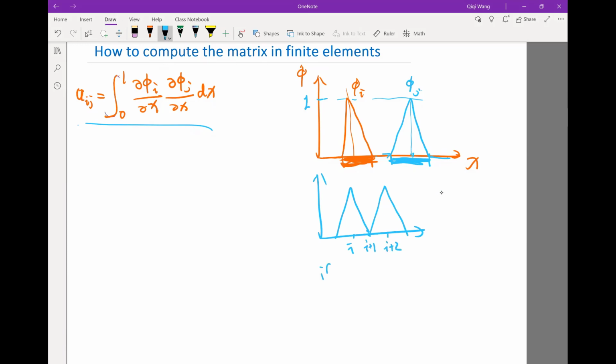If i plus 2 equals j, even in this case, this is the red non-zero region, and this is the blue non-zero region, and I have no overlap. So even if they are two apart, my Aij is going to be 0. So this holds for i plus 2 less than or equal to j. It's always the case. So Aij would mostly be equal to 0.